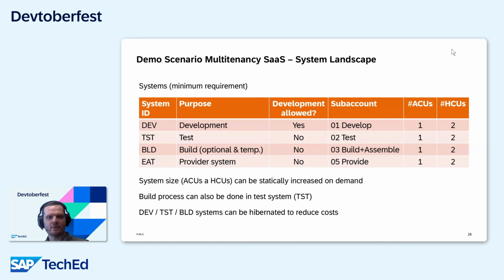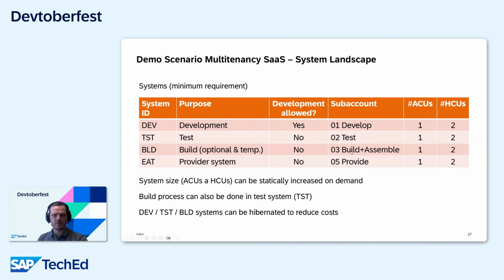Thanks, Frank, for your introduction to the different delivery models and also the Landscape Portal as a central tool. Let me share my screen. So I take this one, and you should be able to see the PowerPoint presentation, isn't it?